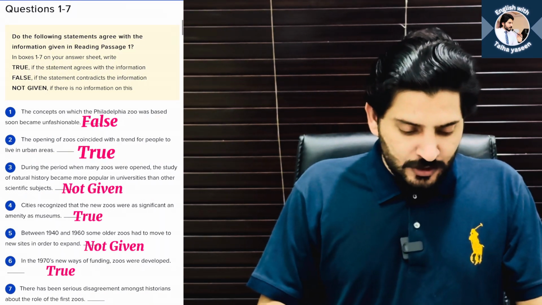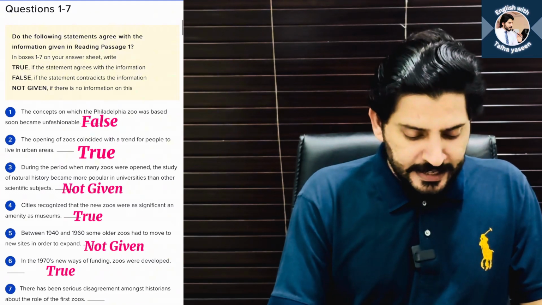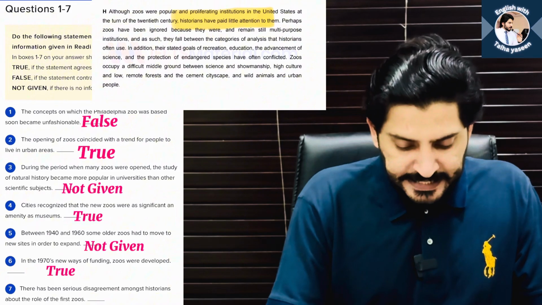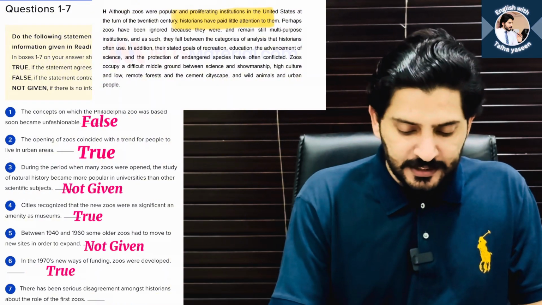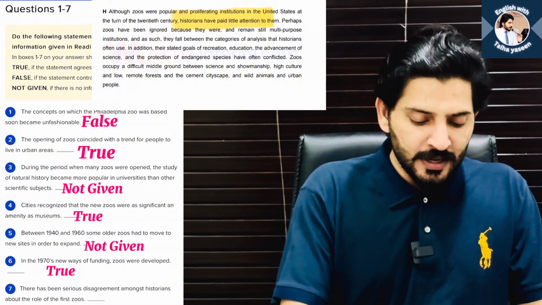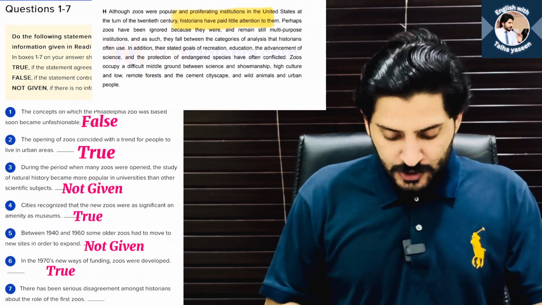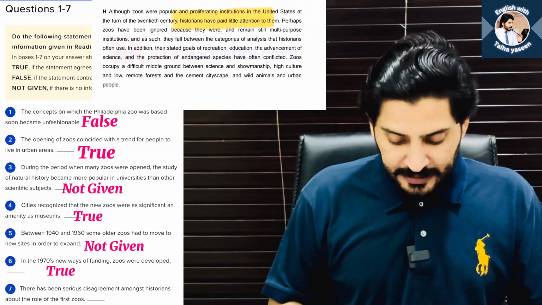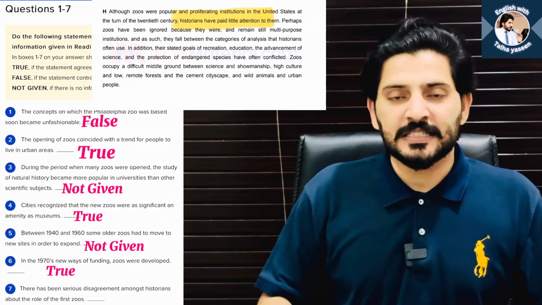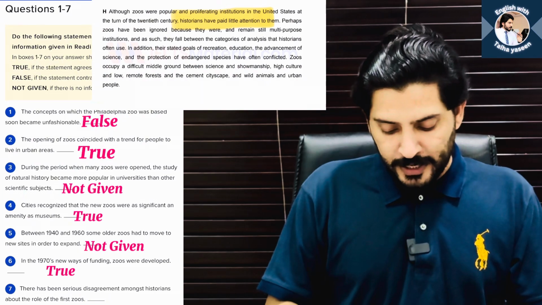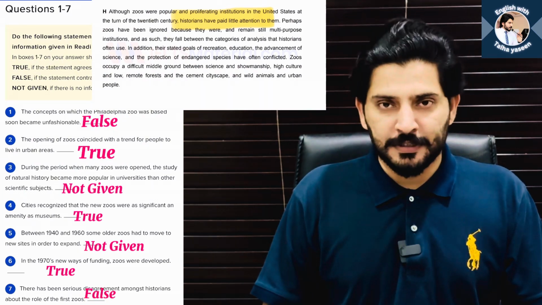In the last passage H, the very first line: although zoos were popular and proliferating institutions in the United States at the turn of the 20th century, historians have paid little attention to them. In the question, it says historians disagreed, but in the passage, it says they paid little attention. Little means no attention at all. So we will write false in front of 7.